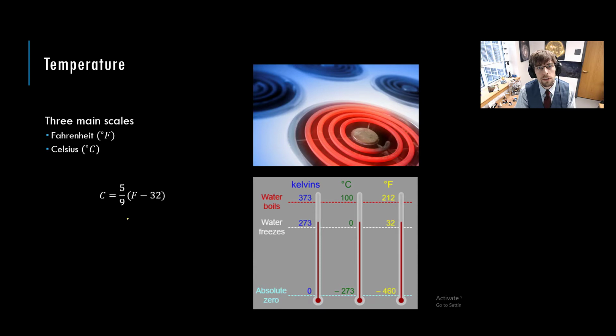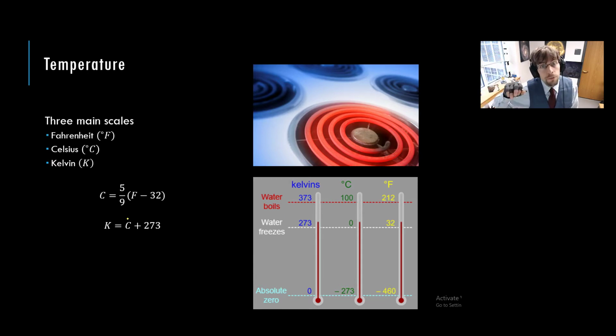There is a third temperature scale, which is probably the most important, and I'll have to give you why we have this set up. It is called the Kelvin scale. Now, as you see in this figure down here, the Kelvin scale is a bit different. Okay? You'll notice that the boiling point of water is at 373, which seems to go against this idea of using nice round numbers.